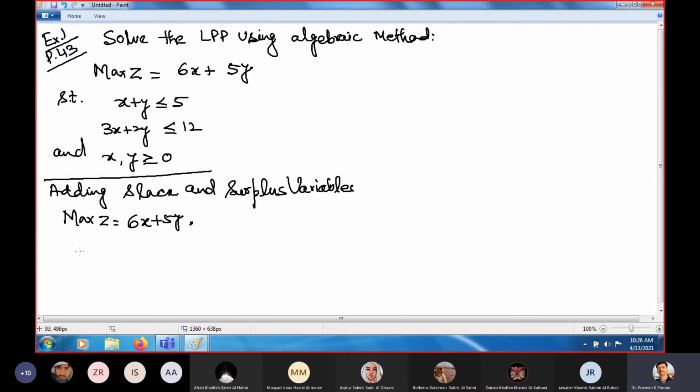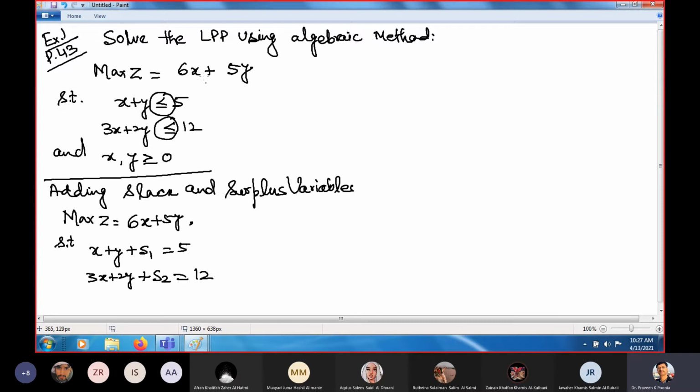There is no change here. And if you write x plus y, look, here is a less than symbol. So what we'll do? Plus s1 equal to 5. Here also a less than symbol. So it is 3x plus 2y plus s2 equal to 12.